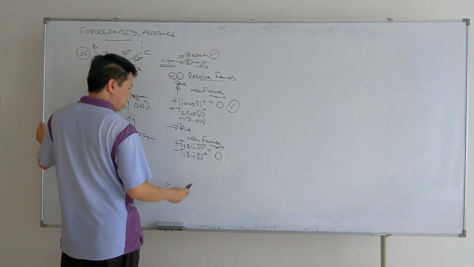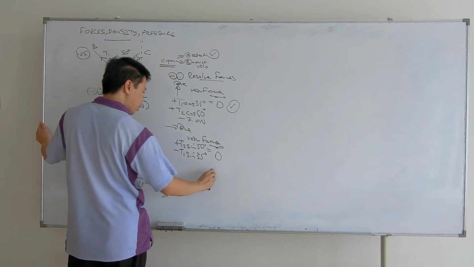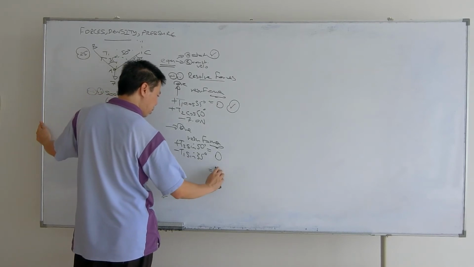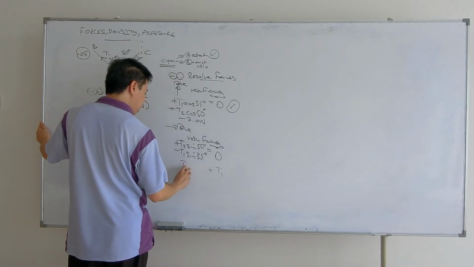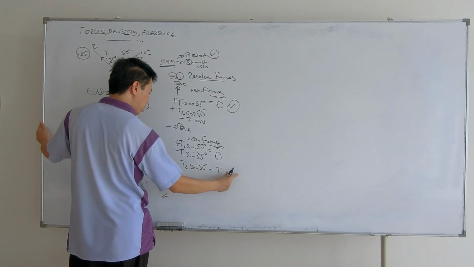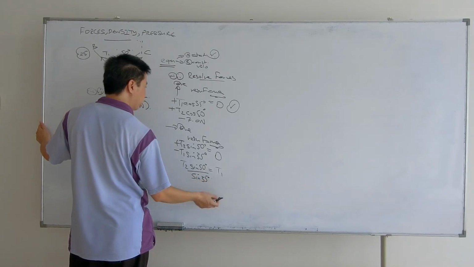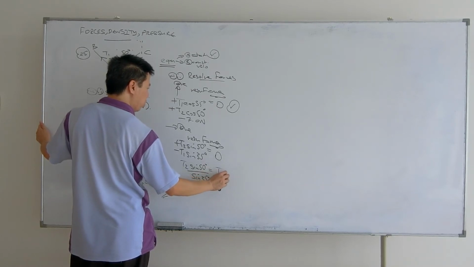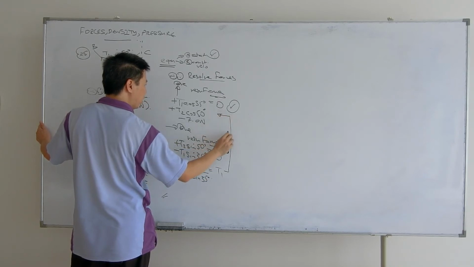With this, let's say you want T1 to be the subject. Put this on the other side: T1 sine 35 equals T2 sine 50, so sine 35 goes back down here, making T1 the subject. Then put T1 back into the first equation and you'll be able to find your T2 value.